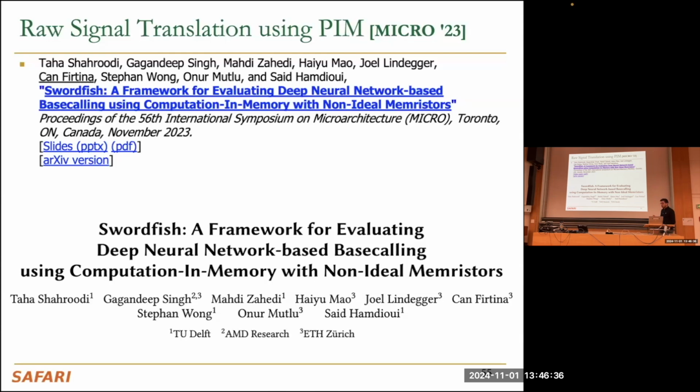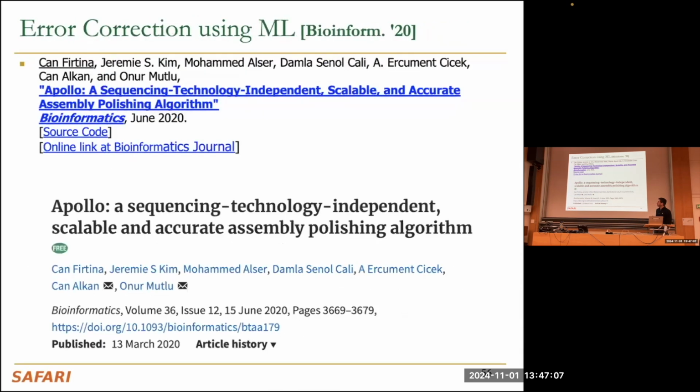As I said, base calling heavily uses neural models. This means that you have a bunch of, for example, multiply and accumulate operations. So what you can do is rely on certain analog computations to perform these multiplications and accumulations, so that you can do your neural net computations and perform the base calling. So this reduces the latency and also reduces the energy consumption by doing the computation in memory.